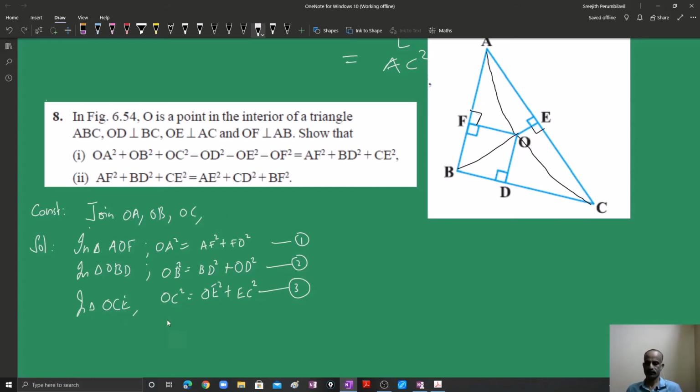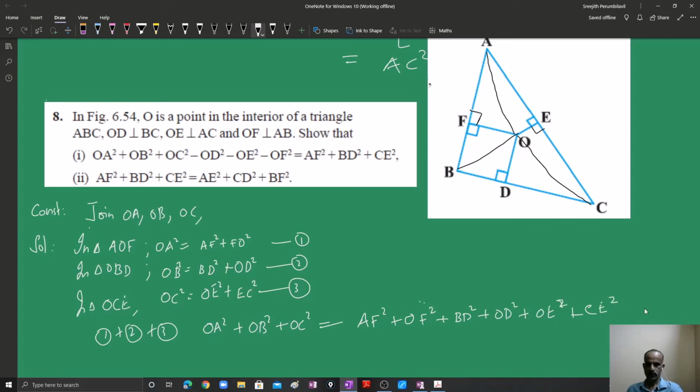We will add all of them, 1 plus 2 plus 3. We will get OA square plus OB square plus OC square is equal to AF square plus OF square plus BD square plus OD square plus OE square plus CE square.